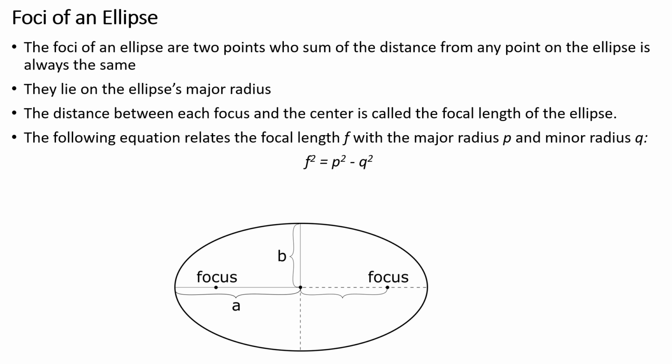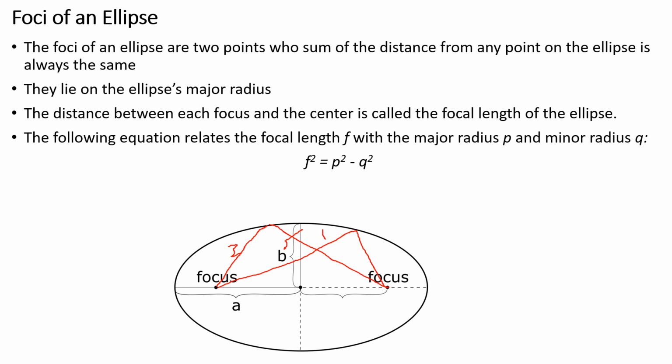The focus is where, if I take a string or any line, this distance to anywhere on the edge of the ellipse, and this distance, will remain the same as I move the string around. If this was 3 and that was 5, that's 8.